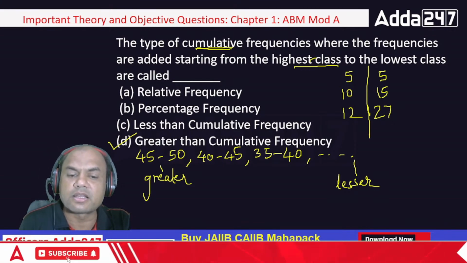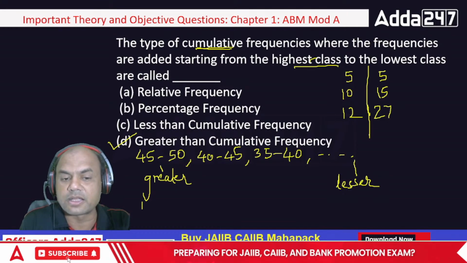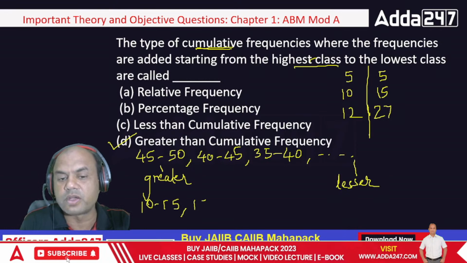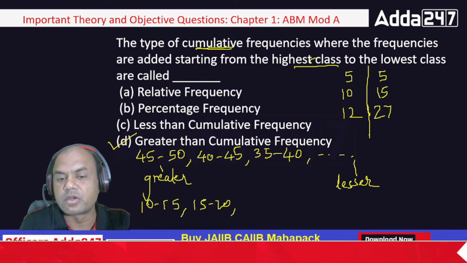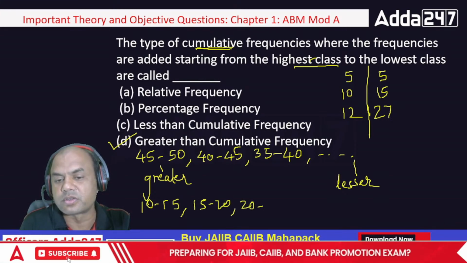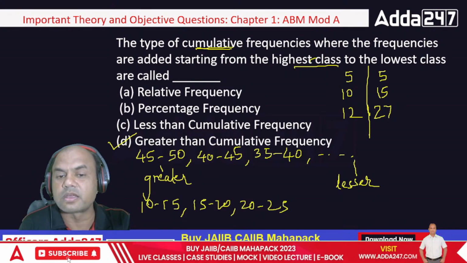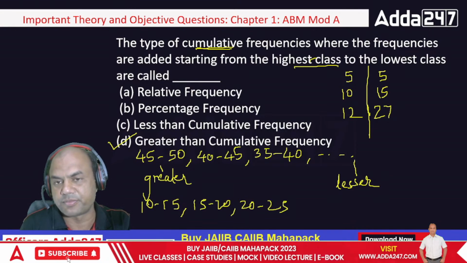Suppose I write it in the reverse way, 10 to 15, then 15 to 20, 20 to 25, and so on. So what am I doing? I am going from the lesser or lower to the higher. So that is known as less than.